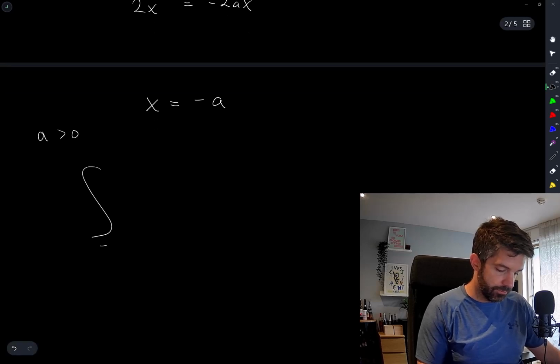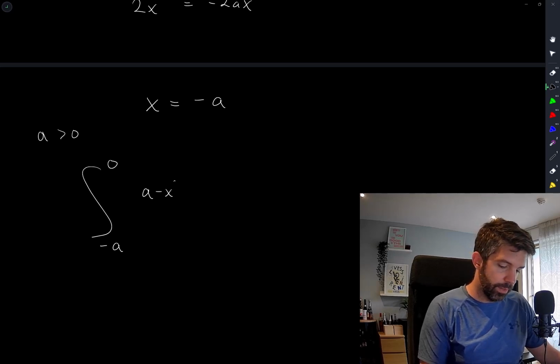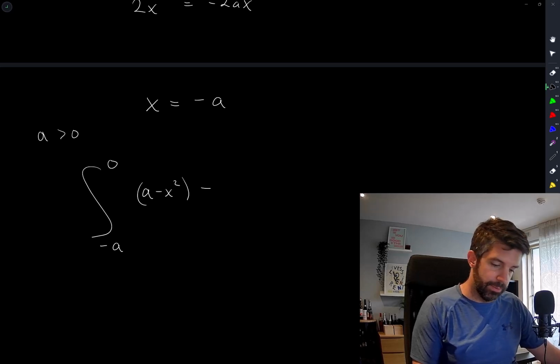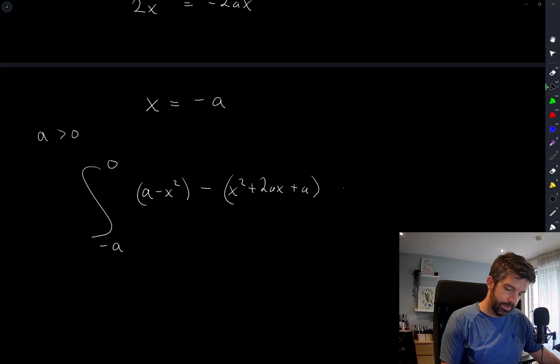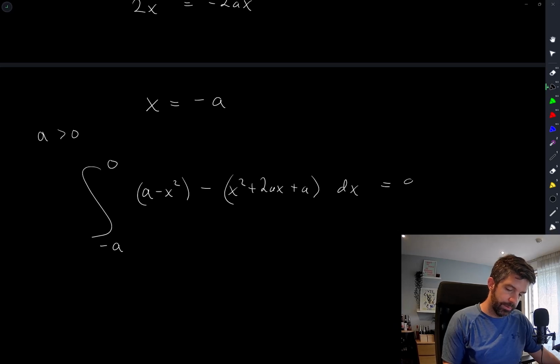So we have an integral from negative a to 0 of the downward opening parabola, a minus x squared, minus the upward opening parabola, x squared plus 2ax plus a, dx, and this is equal to 9.